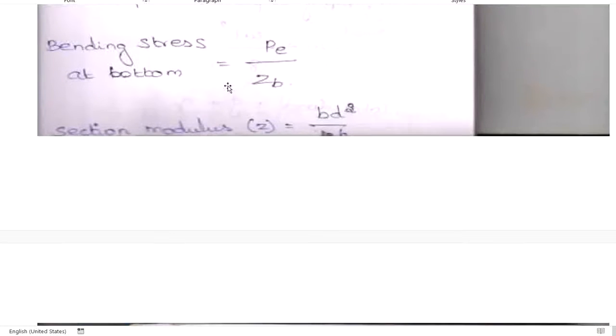For a rectangular section, the section modulus is BD square divided by 6. Or else I can say it as I divided by y, where I is the moment of inertia and y is the centroidal distance.